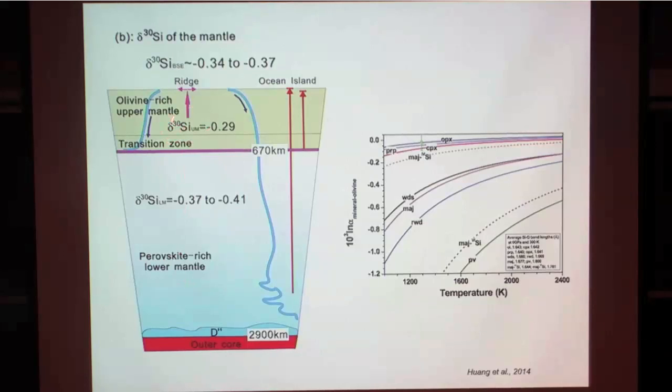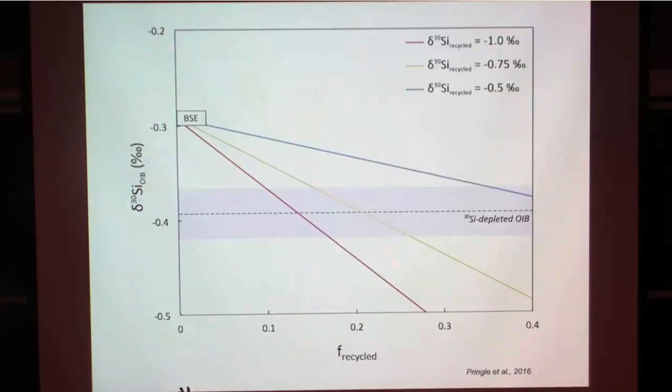What they're showing is that the upper mantle has a different silicon isotope fractionation because bridgmanite is so light that during the crystallization of the magma ocean, bridgmanite would have sucked up the light silicon isotopes, and therefore the whole bulk silicate Earth is actually slightly lighter than what we think when we measure the upper mantle. But in the Pringle et al. paper, they suggest this is not the reason, and that it's a recycled component.